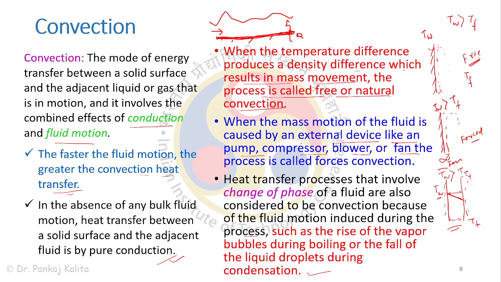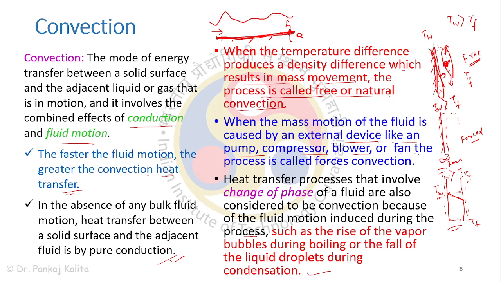Natural convection occurs due to the density difference. Say this is a wall, and this wall is at a higher temperature than the air here, right? So due to heat transfer to this air, the air will be heated, its density will decrease, and it will rise upward, and the heavier air will come downward.